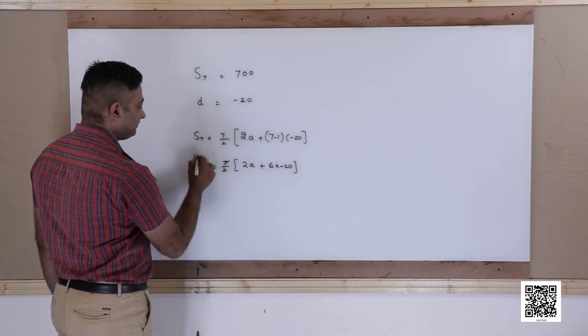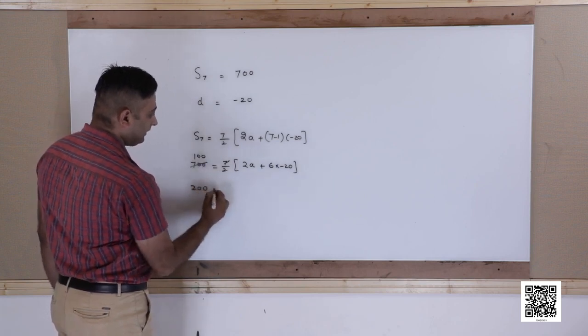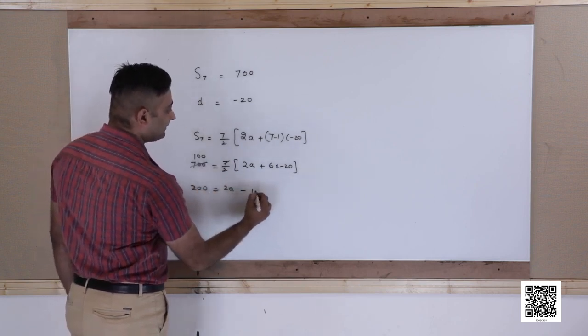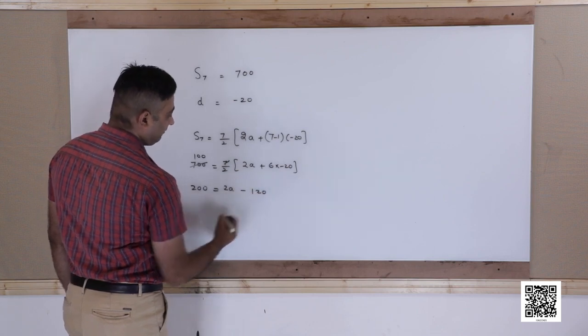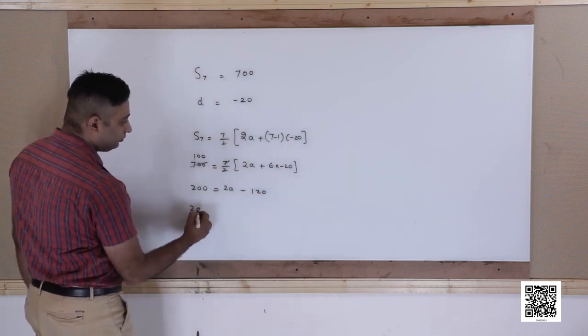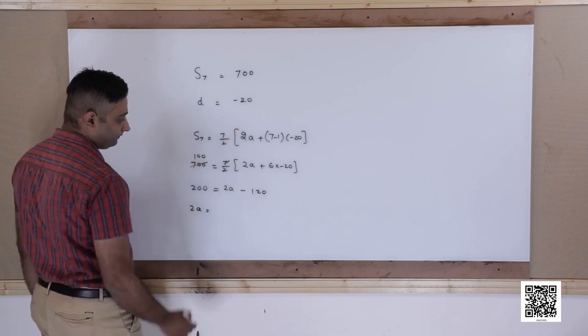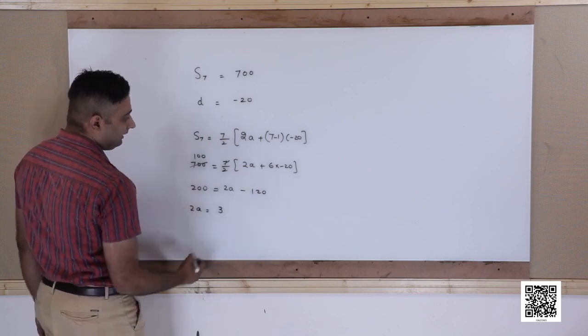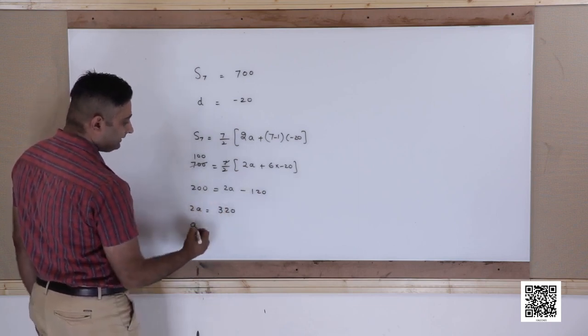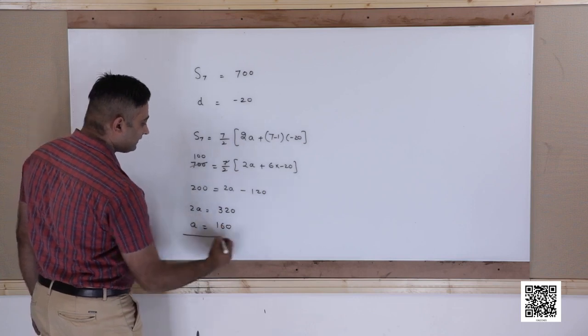That means 200 is equal to 2a minus 120. That means 2a is equal to 320. That means a is equal to 160.